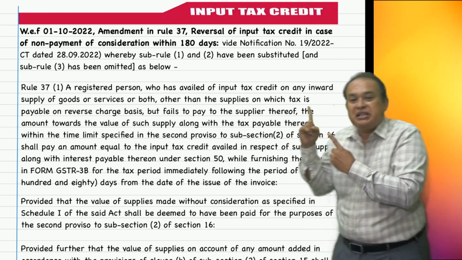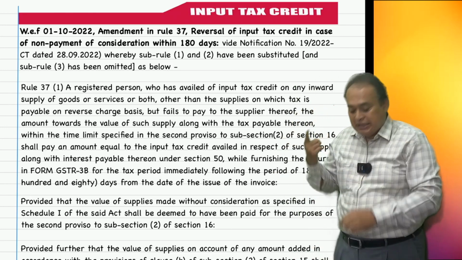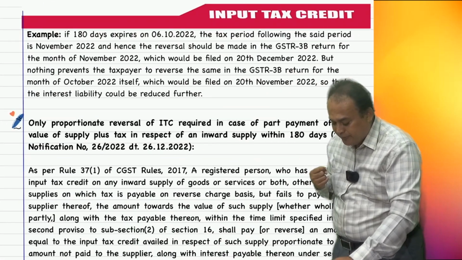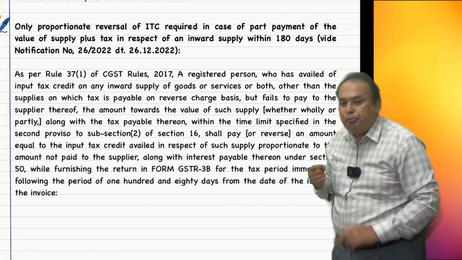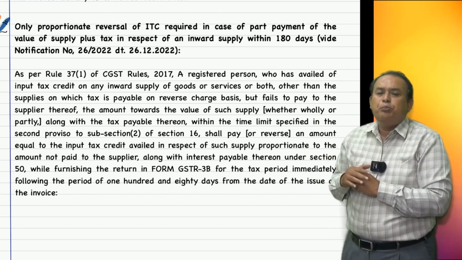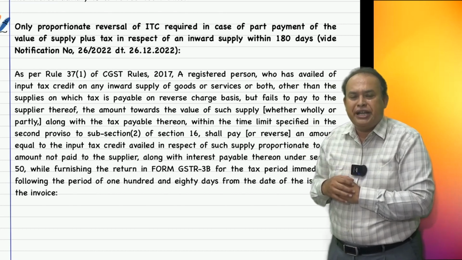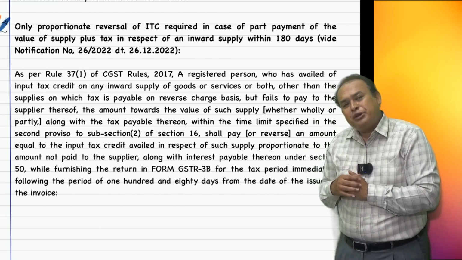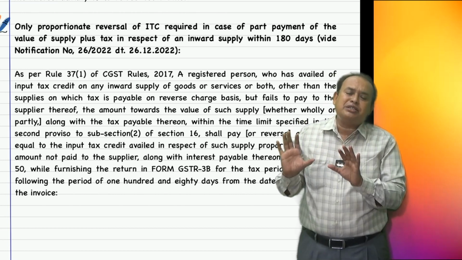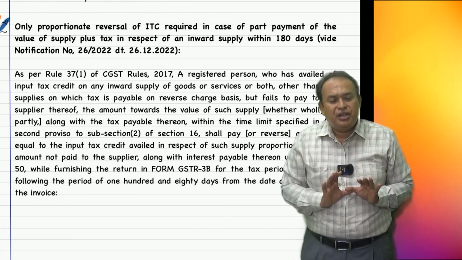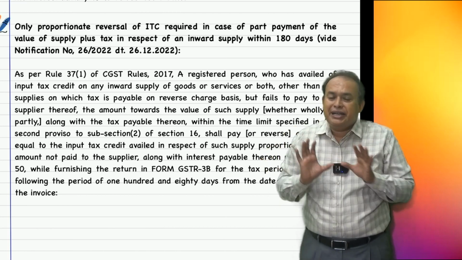Now the clarification very clearly says that in the given case, if you have paid part payment, proportionately you can avail input tax credit. Yes. For example, 100 lakhs worth of goods I purchased, 18% GST, 18 lakhs.